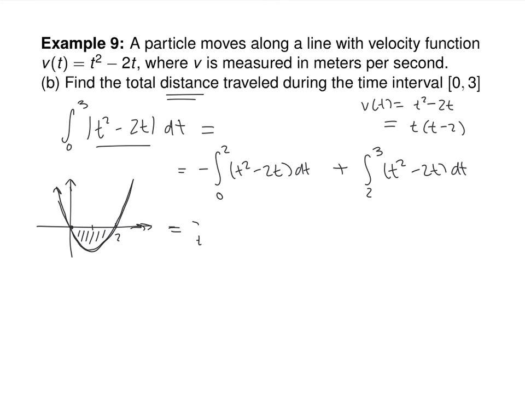So that's negative 1/3 t cubed plus t squared from 0 to 2. Remember that? Is that okay? It distributed the negative and the integral at the same time. And then plus 1/3 t cubed minus t squared from 2 to 3.